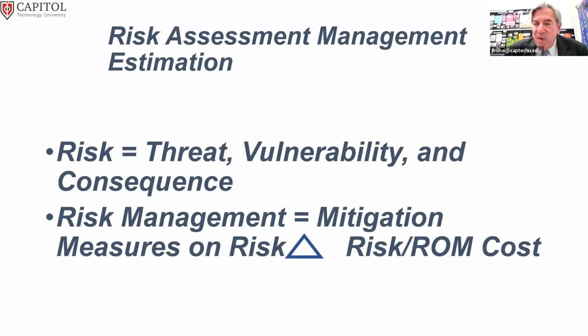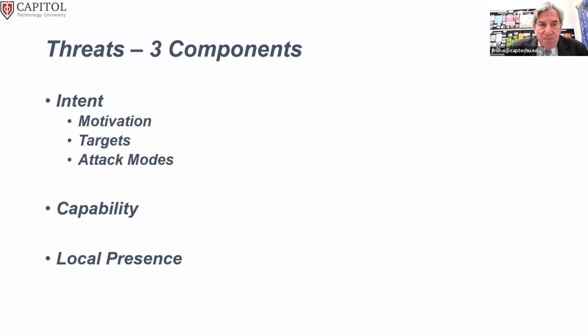So this is a formula that risk management practitioners can use to estimate how much it will cost to mitigate risks of concern. And I'll be discussing this in greater detail later on.